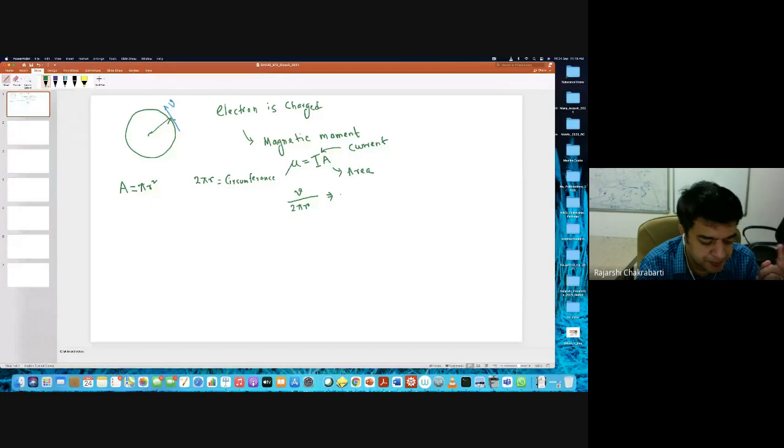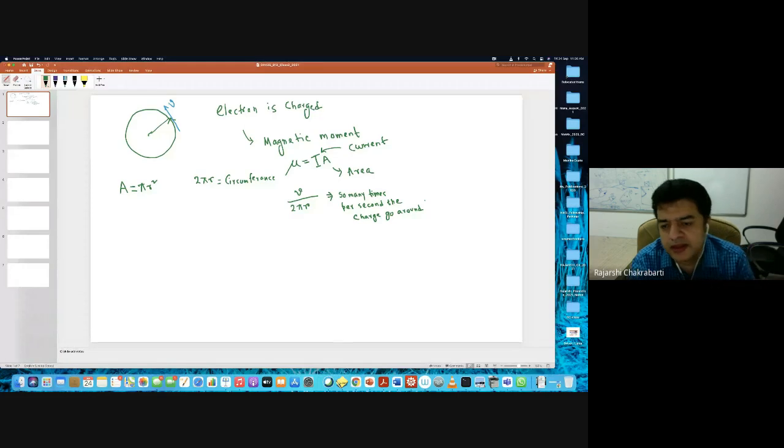So this is how many times per second the charged particle goes around. It will make so many circles per second.